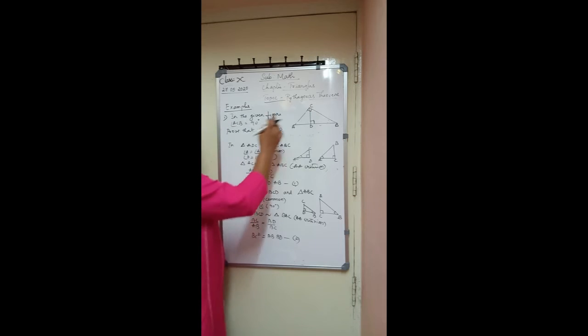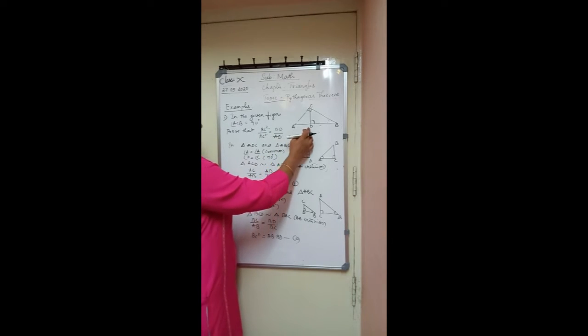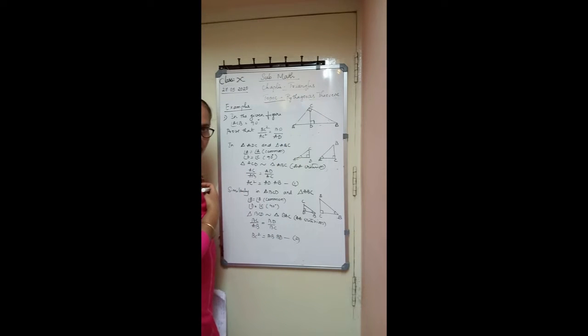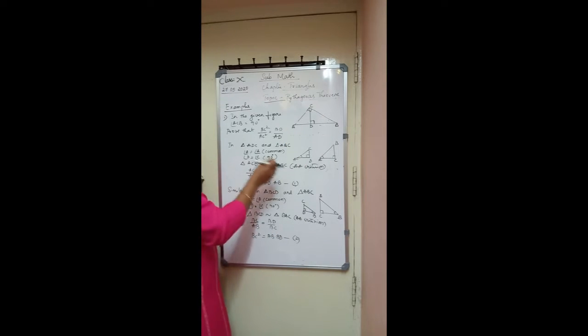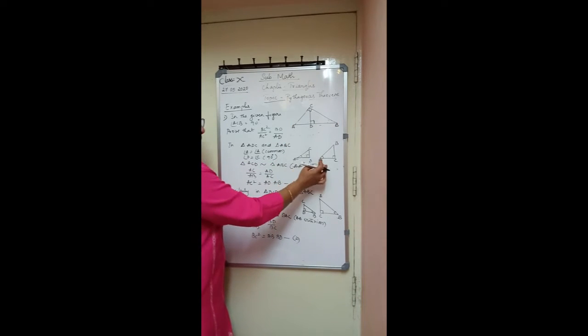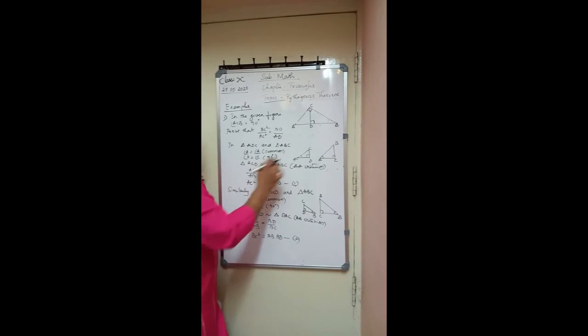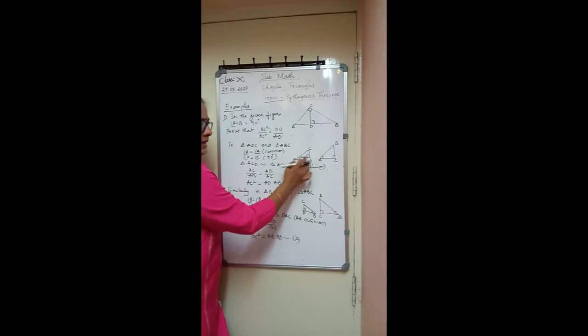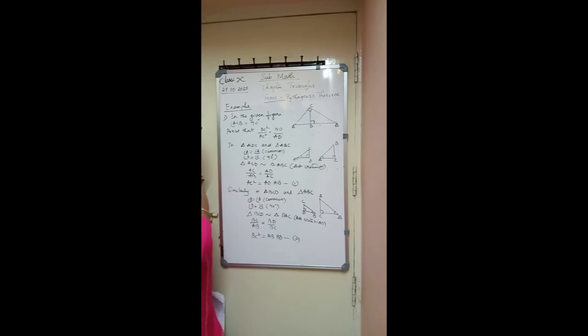These are the sides of the triangles ADC, BDC and ABC. Now take triangles ADC and ABC. In these two triangles, angle A is common and angle D equals angle C, 90 degree.